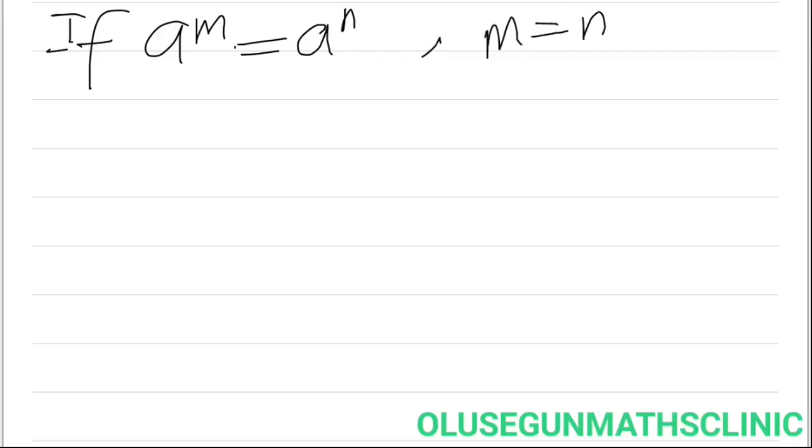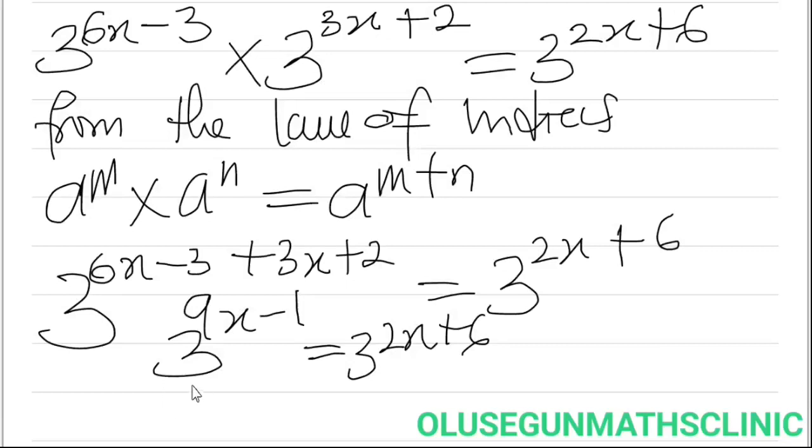So from the question here, you see that 3 raised to power 9x minus 1 is equal to 3 raised to power 2x plus 6. The bases are equal.